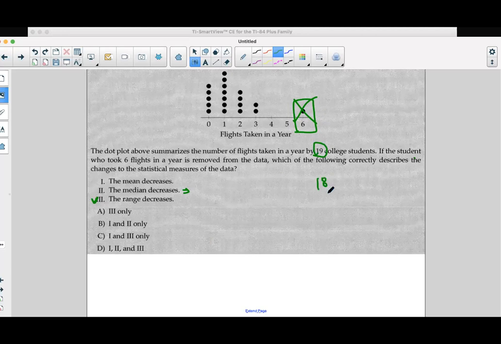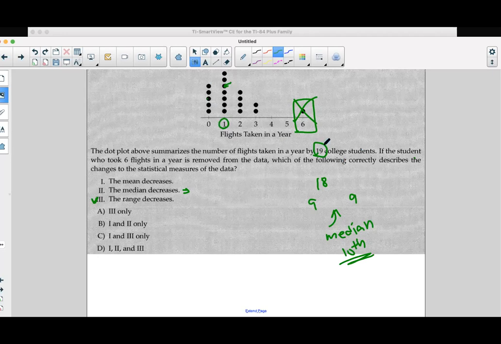I'm going to divide that by 2. So I get 9 and 9. Then that would be my median, meaning I'm looking at the 10th value. So where's my 10th value? 1, 2, 3, 4, 5. Up to here, oh, this is my 10th value. That's equal to 1.